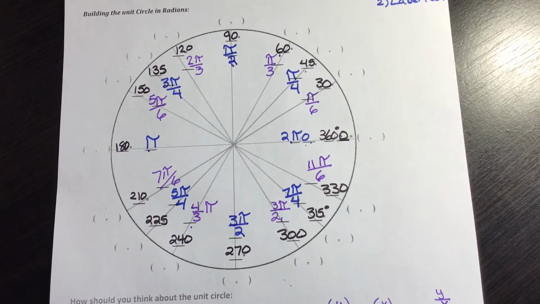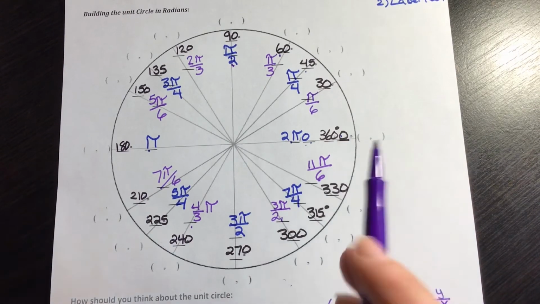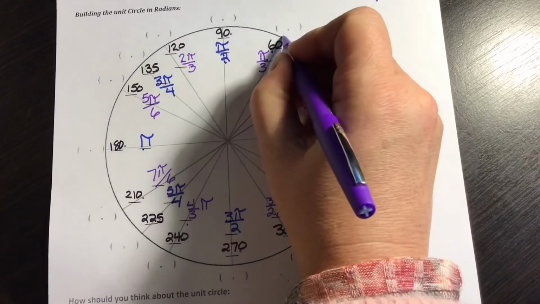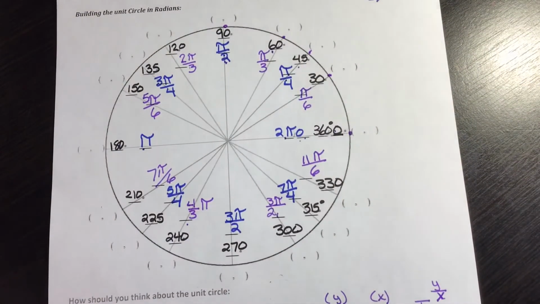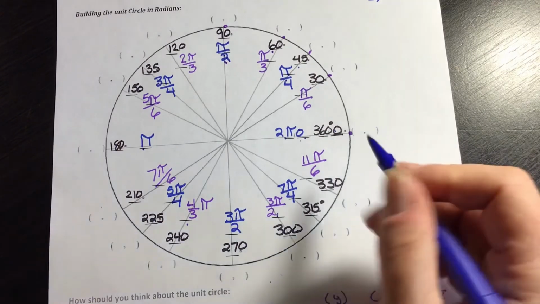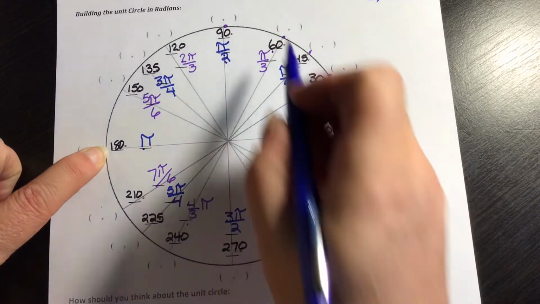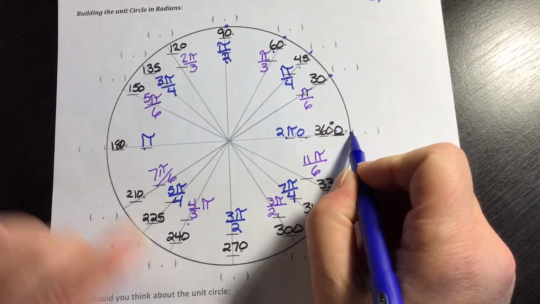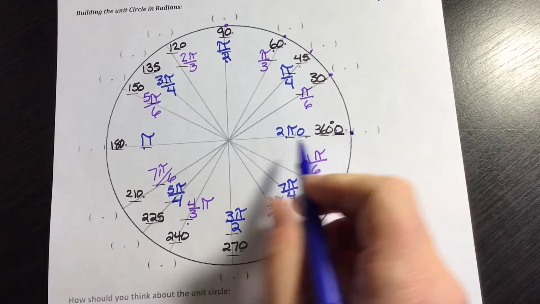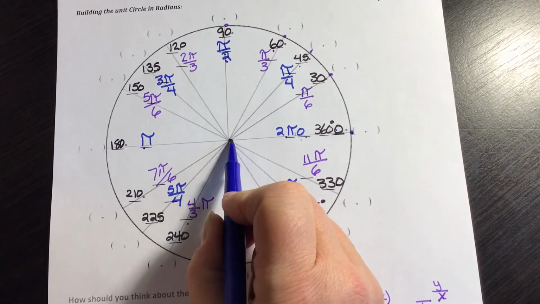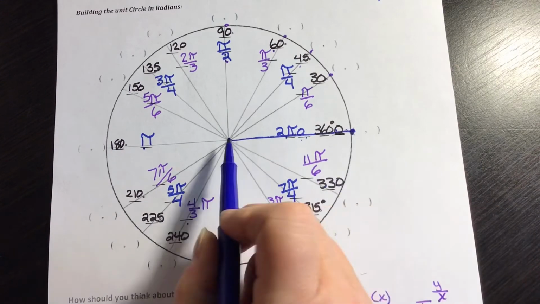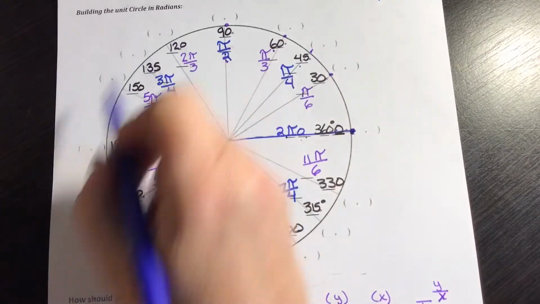All right, so now what we need to do is find our ordered pairs. Okay, so we're going to label all of these points around the circle. All right, so the easy ones to do would be the ones that are on the axes. So this point right here, and if we remember, a unit circle starts at the center and goes to the edge of the circle.